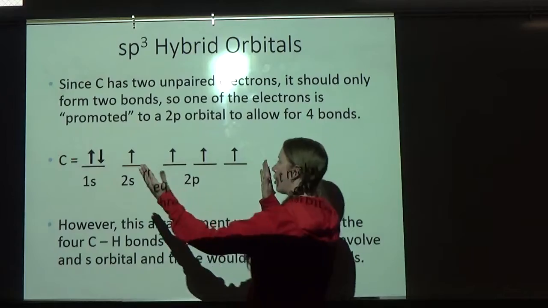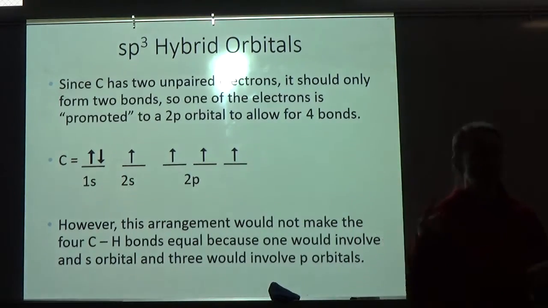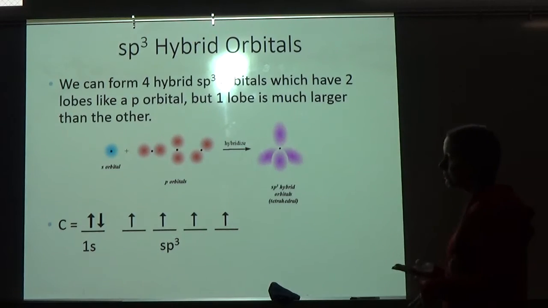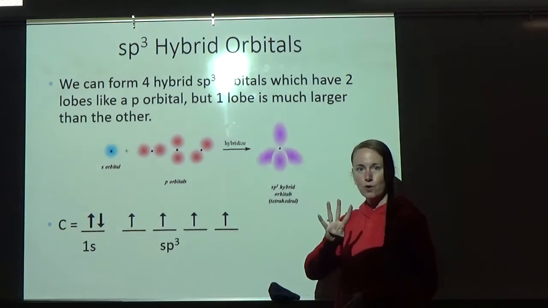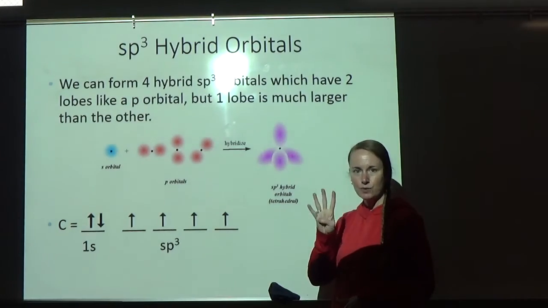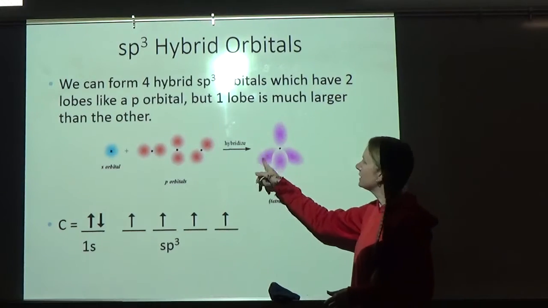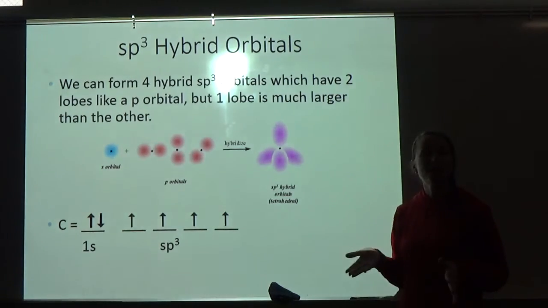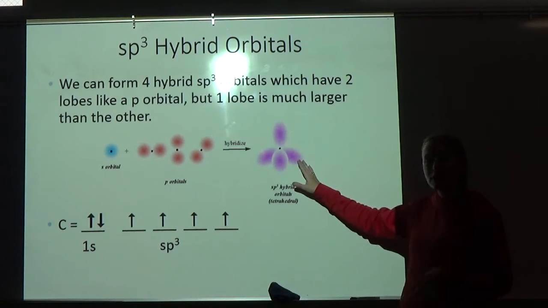We're going to take all 4 of them and hybridize them. Because it's 1 s and 3 p's this time, we call it sp3. So there are 4 hybrid orbitals, sp3. We take our s and our 3 p's, and if you look, we get a tetrahedral arrangement, because remember, they all point in opposite directions. So it's following our VSEPR theory.